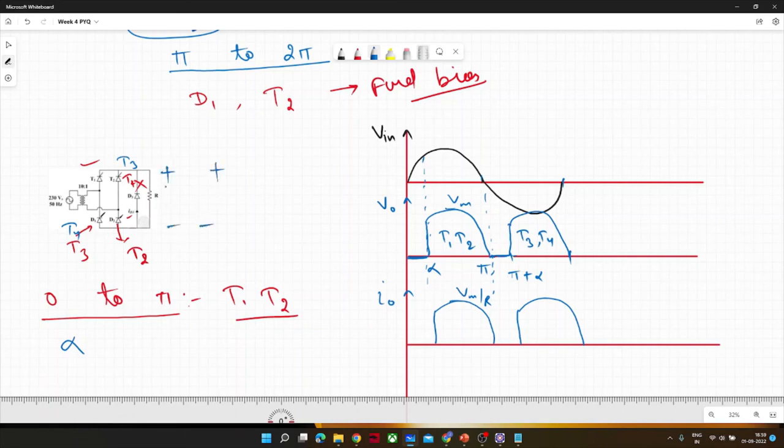If the voltage across this resistor is zero, VR is zero, then IR is also zero. And if IR is zero, then no current would flow through D3. You got my point? What I am trying to convey here?